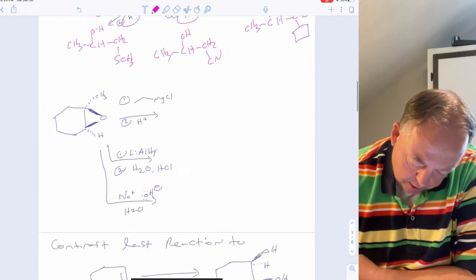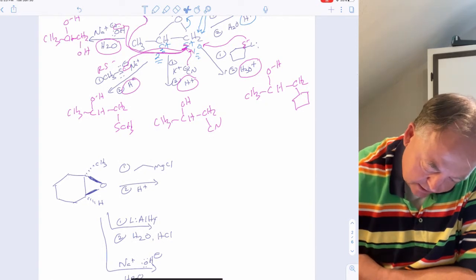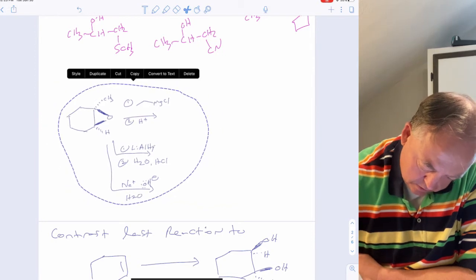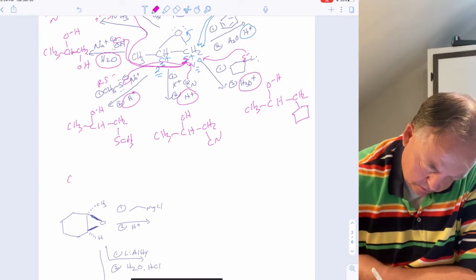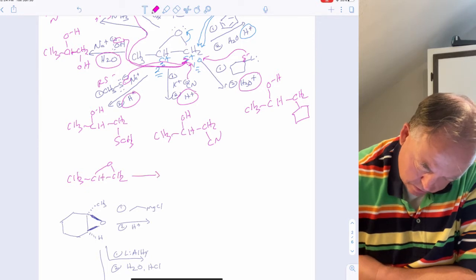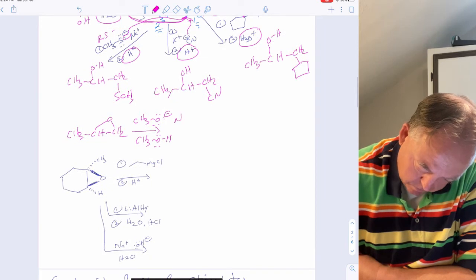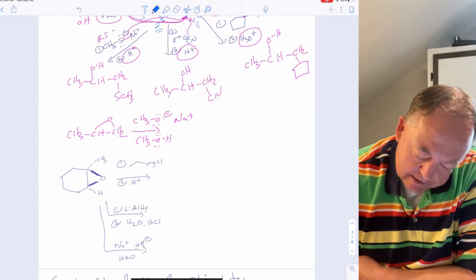And sorry, this has got a little cluttered. Let's see if I can move some things down so I can sketch that last reaction. Okay, so same concept for the last reaction. So our O minus is a good nucleophile.